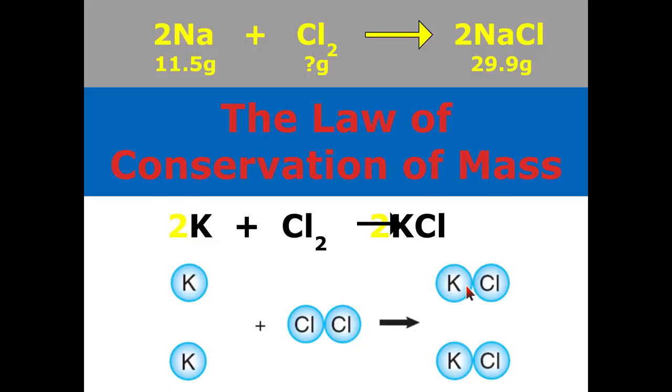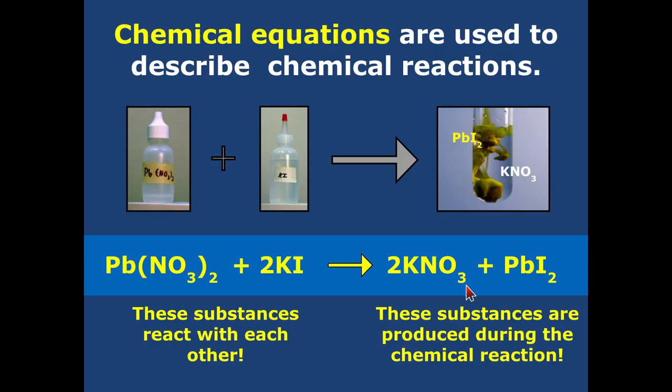All right, moving along. Chemical equations are used to describe chemical reactions. We have the PbNO3 plus the KI on the reactant side, yielding this. And as you will learn soon, you get these two clear liquids combining to create a solid, which is also known as a precipitate.